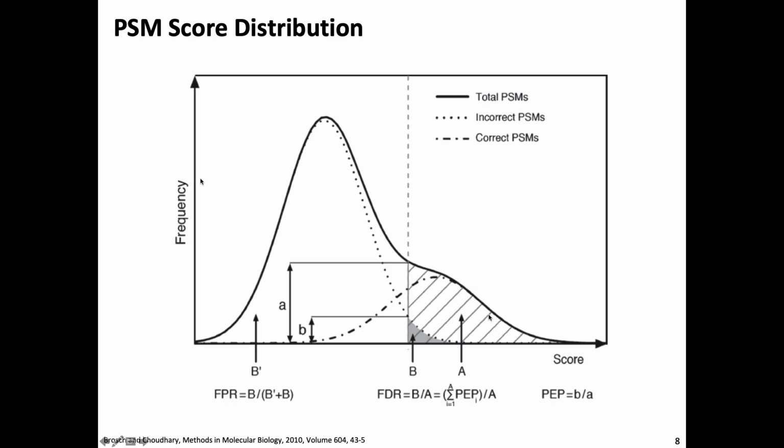And it might actually depend on the question that you have, which of these FDRs is acceptable for you. Don't be confused. Don't let anybody tell you that 1% FDR is what you have to do. Don't let anybody tell you that 5% FDR is what you need to do. It depends on what you're looking for.